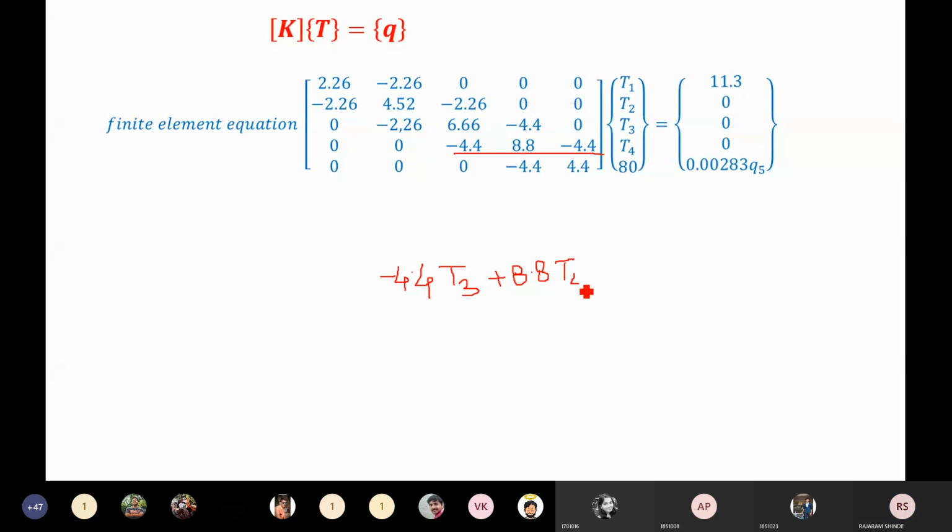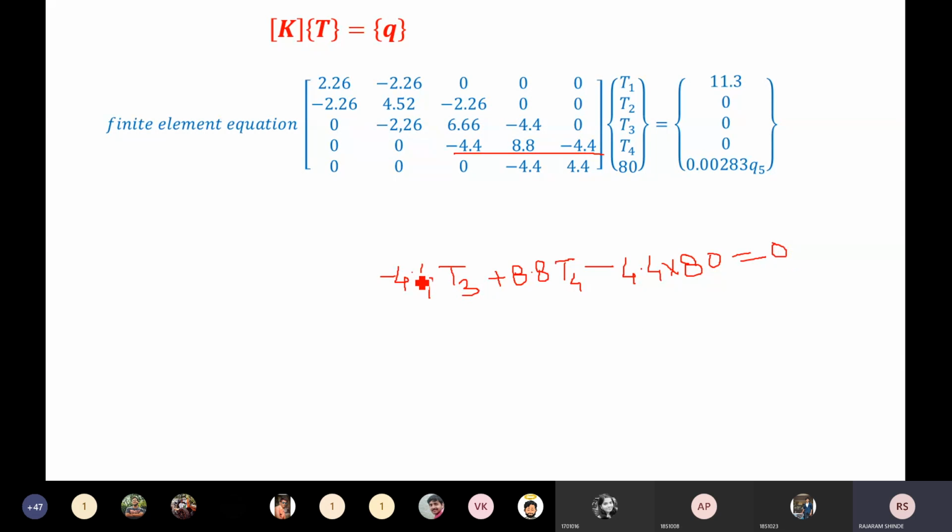Am I right? Plus, sorry, minus 4.4 into 80. How much is it? 4.4 into 80. And this is equal to 0.